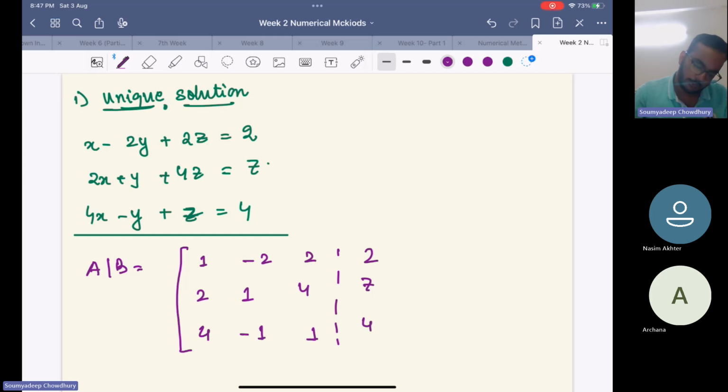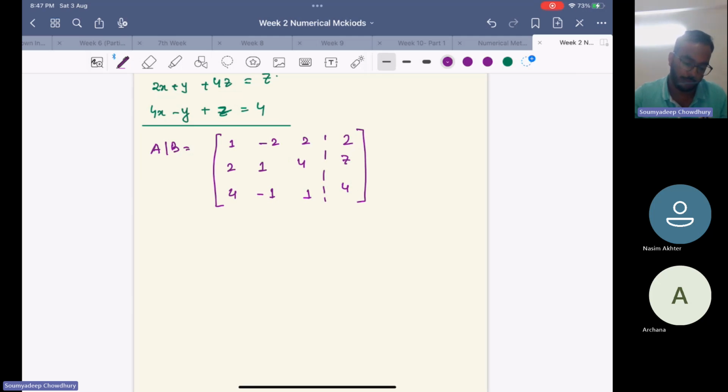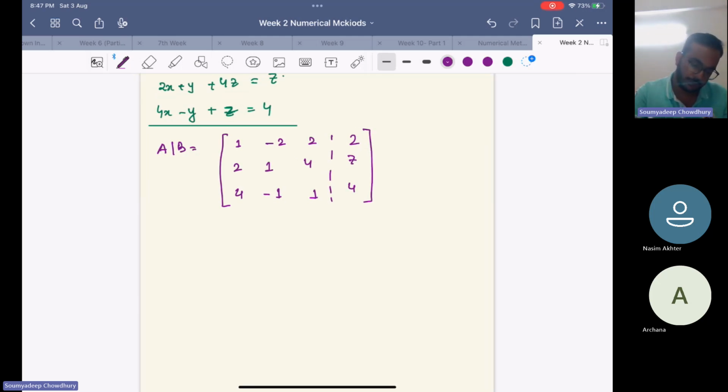And now using Gauss elimination, we will convert this matrix into upper triangular matrix. So first step, everyone can also do it parallelly, then it will be easier to understand. So R2 becomes R2 minus alpha 21 R1. So it is R2 minus 2 R1. Directly I'm writing. R3 minus 4 R1, right?